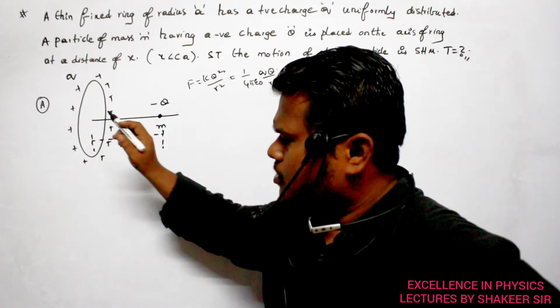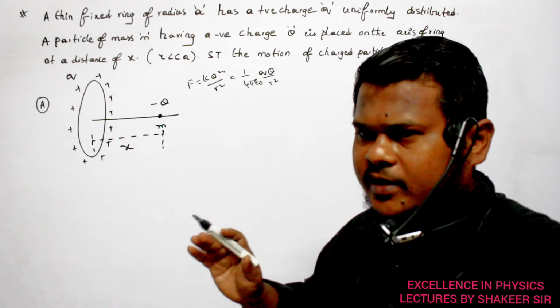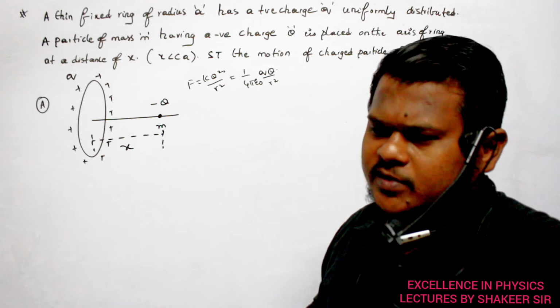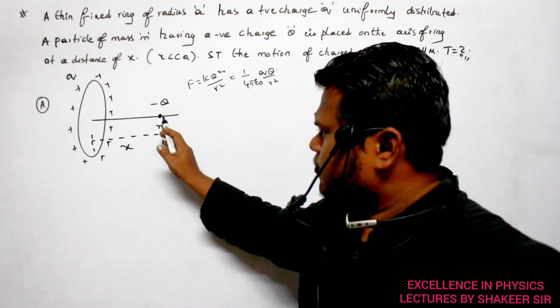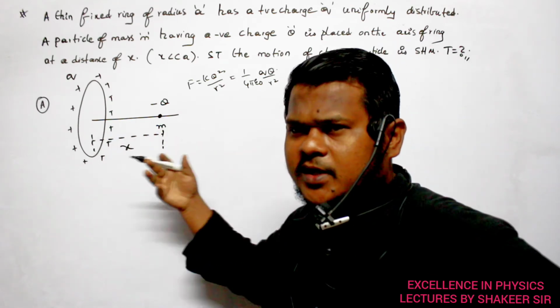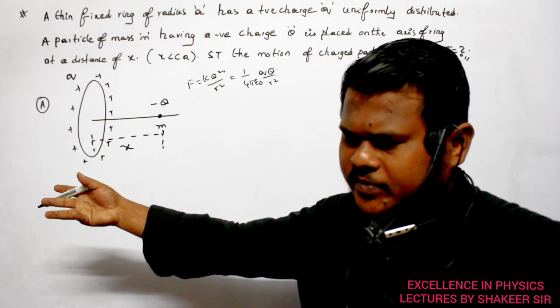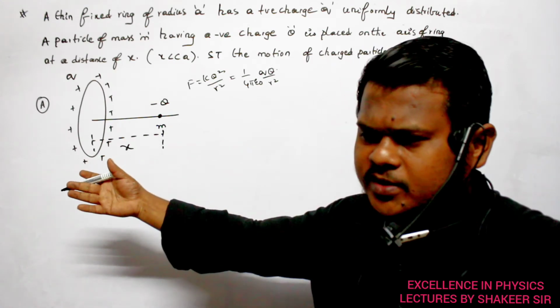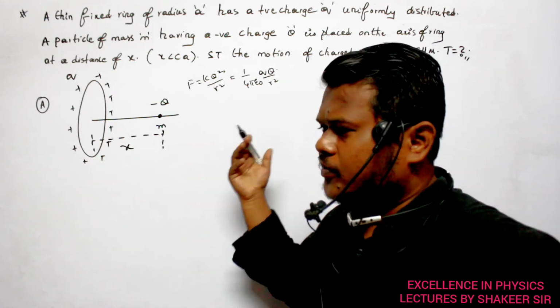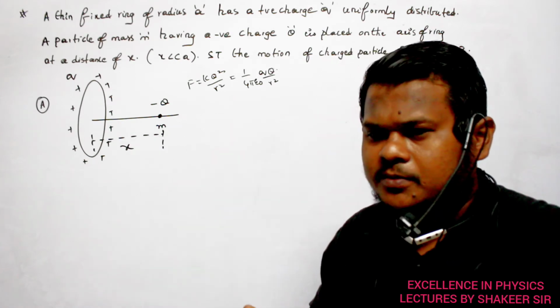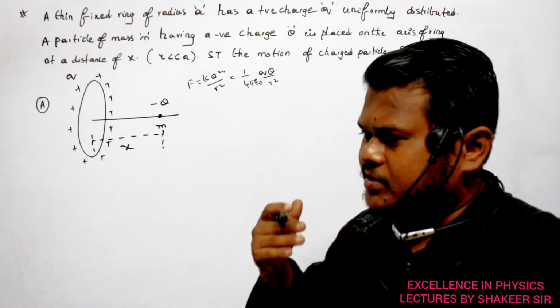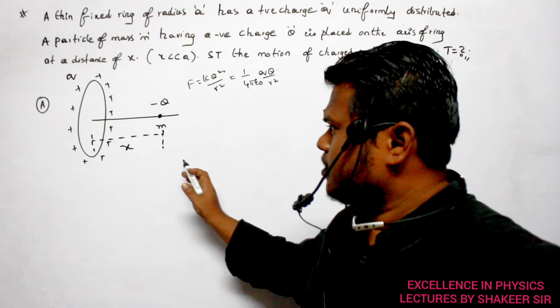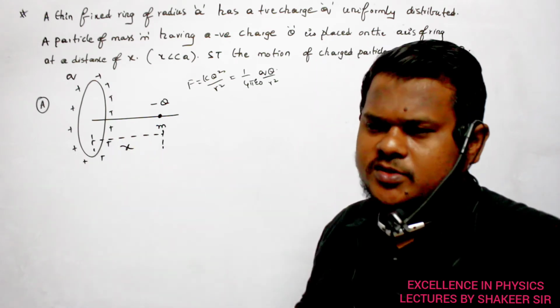But it cannot stop at the center of the ring. What is the reason? From here to here, continuously it is experiencing force. So the velocity of this charge should have become maximum. Therefore, at the center, it cannot stop.